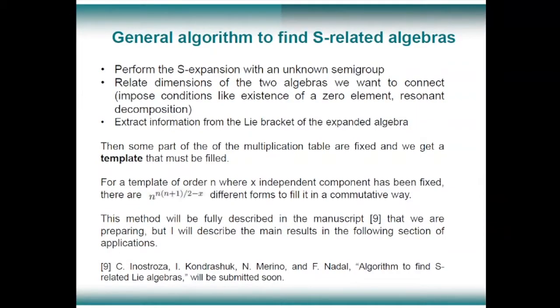And then we extract information from the bracket of the expansion, a new structure constants, and this gives information about the new algebra, but it doesn't give you everything. So filling the blank has to be done in a way that the table is consistent.